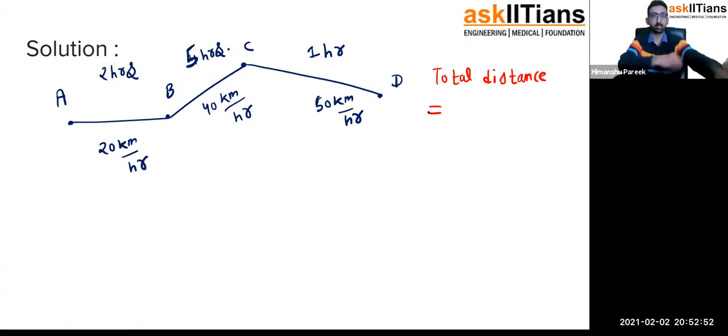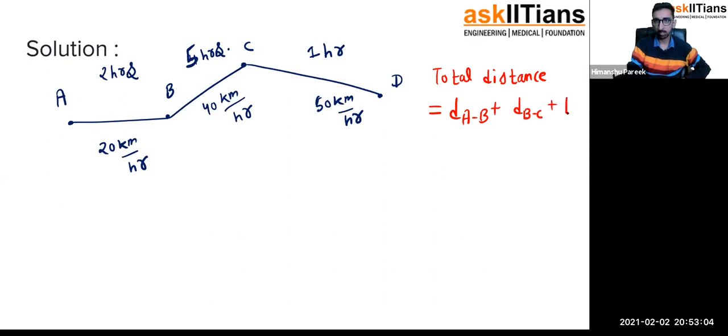Total distance. Here you cover 20 kilometers per hour from A to B. So distance covered in A to B, plus distance covered in B to C, plus distance covered in C to D. How much distance have you covered going from A to B? 2 hours you travel with a speed of 20 kilometers per hour.